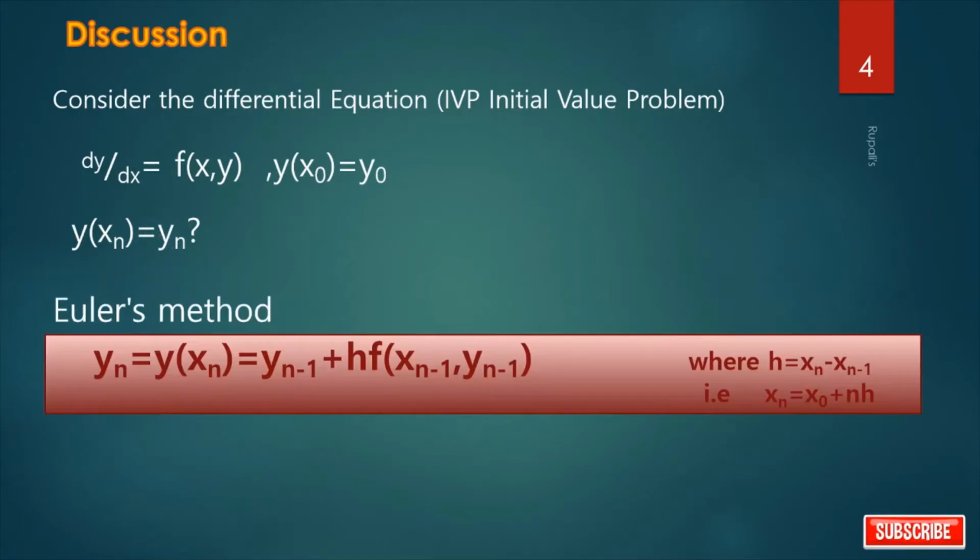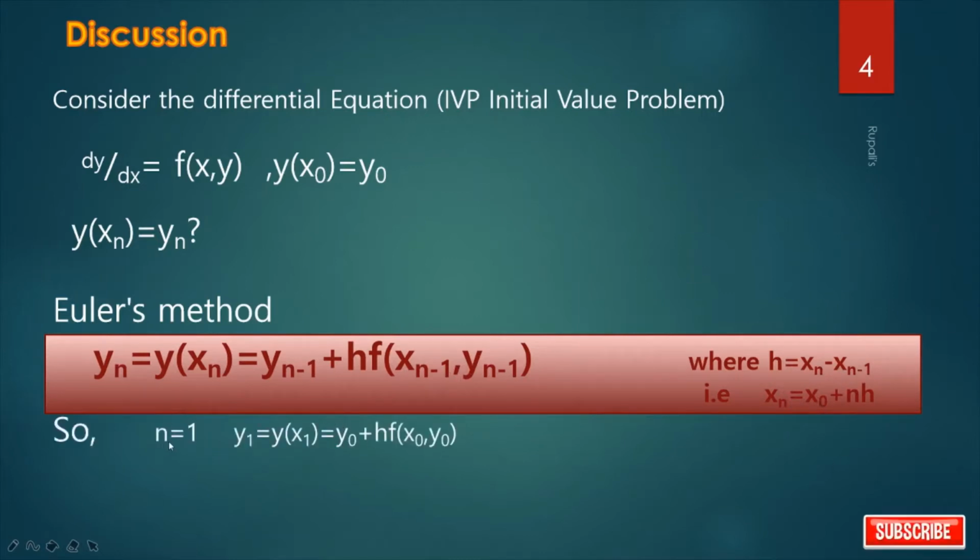So, the formula yn = y(xn) = yn-1 + h f(xn-1, yn-1), where h = xn - xn-1, that is xn = x0 + nh.